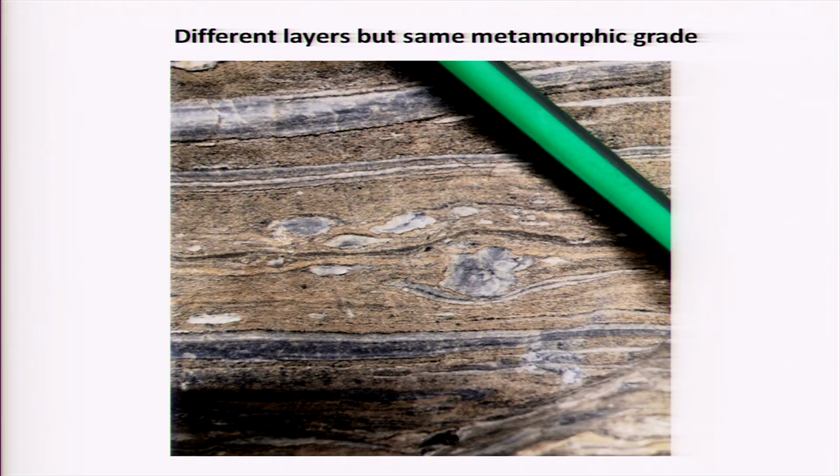When it got transformed, those different layers produced a new set of minerals. In this image you see two kinds of layers, one which are white and black and the other which are brownish. Both have different mineral content and composition, but both have undergone the same metamorphism.